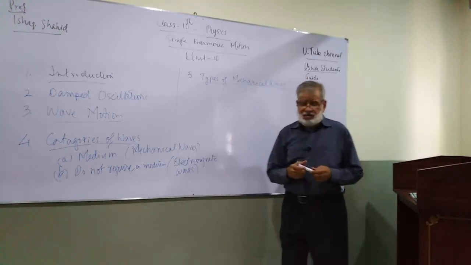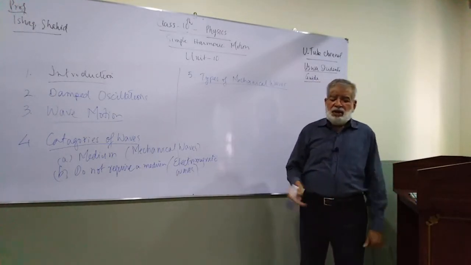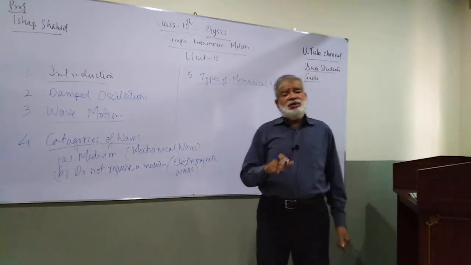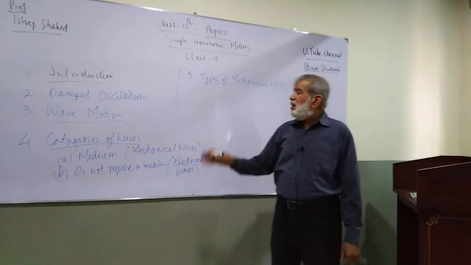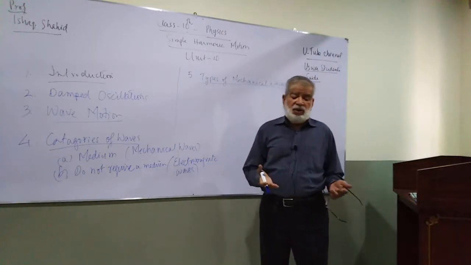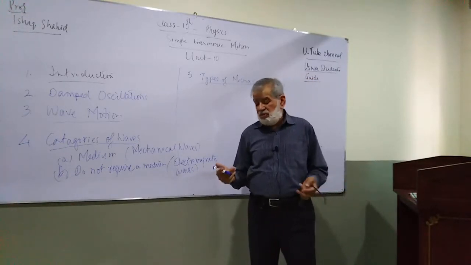There are two types of mechanical waves. A mechanical wave is that which requires a medium. And what is a wave? It is a disturbance that travels through a medium. A mechanical wave is a wave in which the particles of the medium vibrate to and fro about their mean positions.